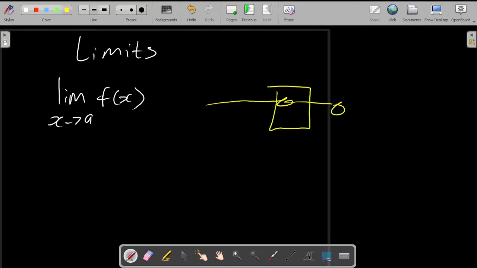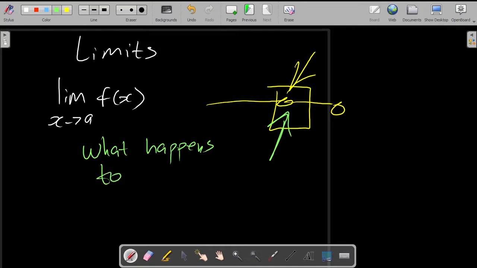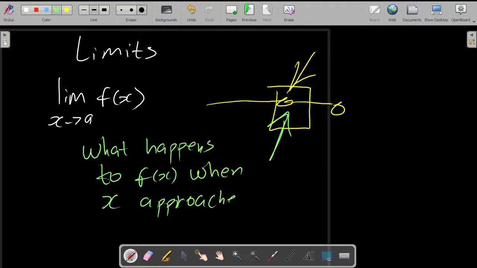So we are trying to approximate what happens at a certain point in a function where we have a discontinuity, or where we aren't quite sure of the behavior of the function. So in terms of a question, what happens to f of x when x approaches a?